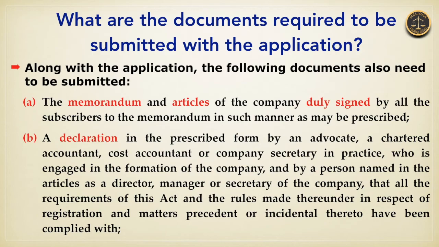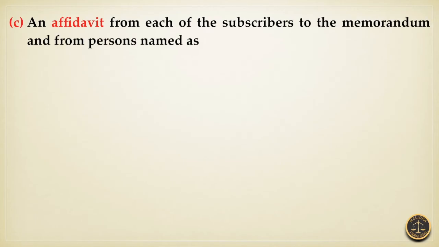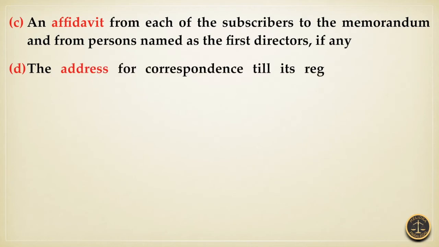Next, an affidavit from each of the subscribers to the memorandum and from persons named as the first directors, if any. The address for correspondence till its registered office is established.